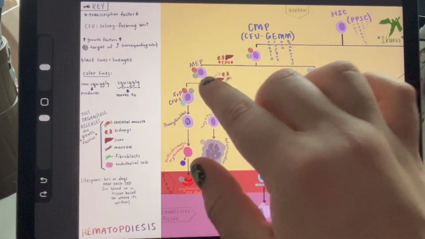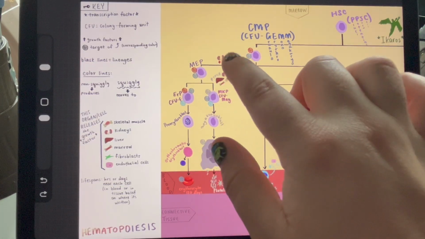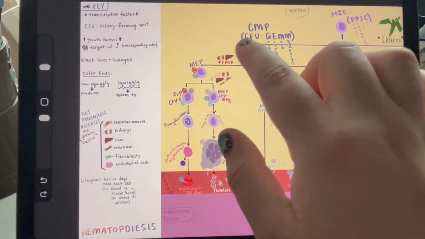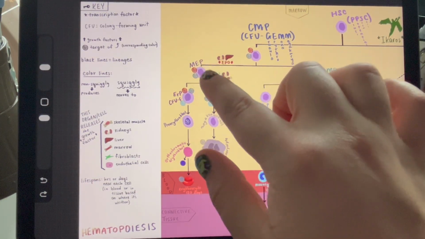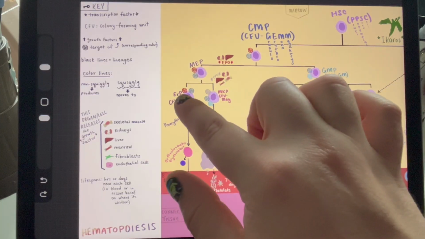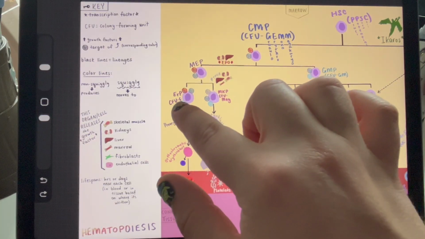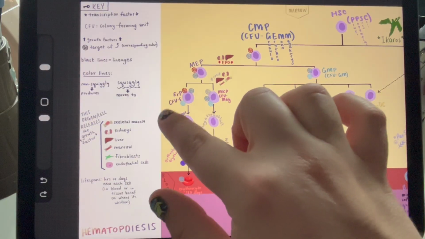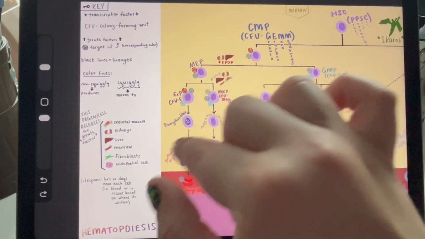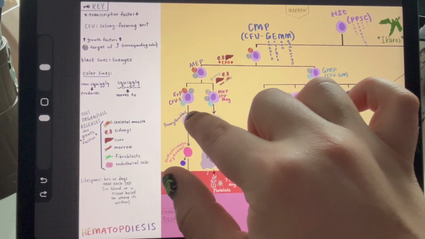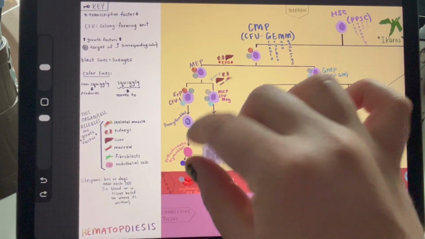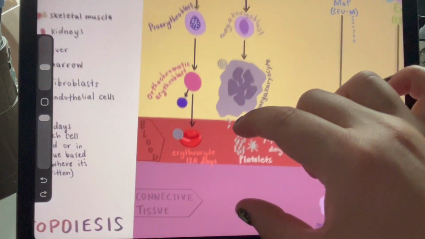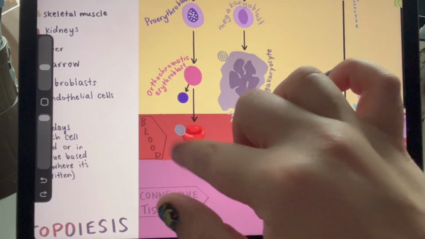And then when we get EPO produced mainly by the kidneys and liver, we go into the megakaryocyte erythroid progenitor. And then if we get stimulated by EPO, we're going to go into the erythrocyte progenitor, or colony forming unit erythrocyte. Then we move into the pro-erythroblast, and then we've got the reticulocyte here, the orthochromatic erythroblast, and then we end up with a red blood cell, erythrocyte.